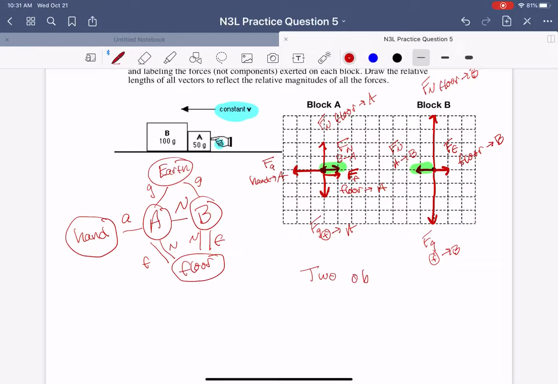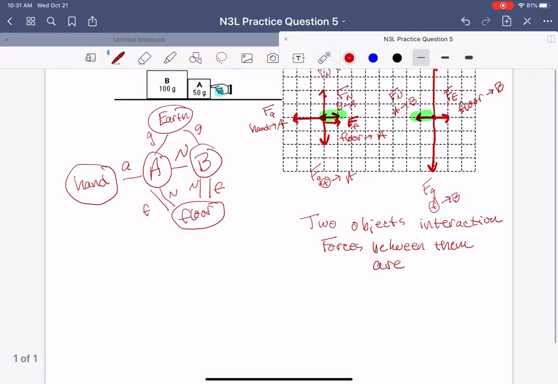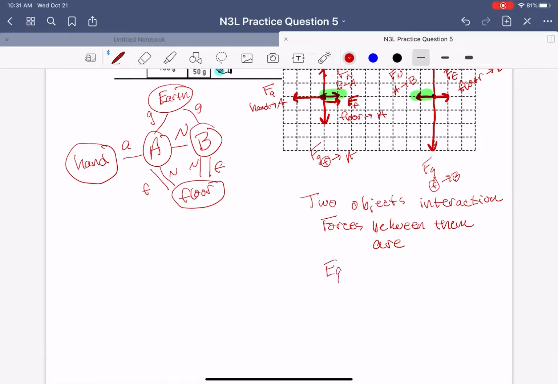When 2 objects interact, the forces between them are always equal in magnitude and opposite in direction.